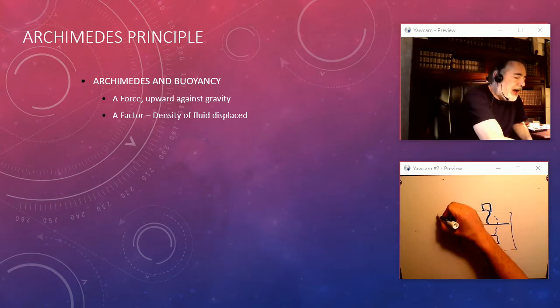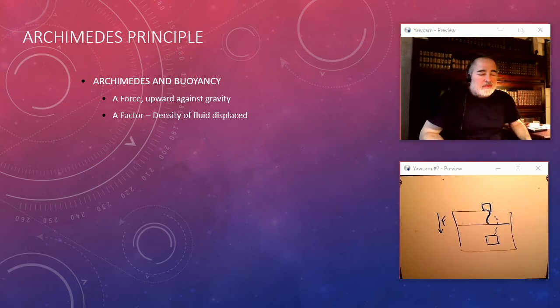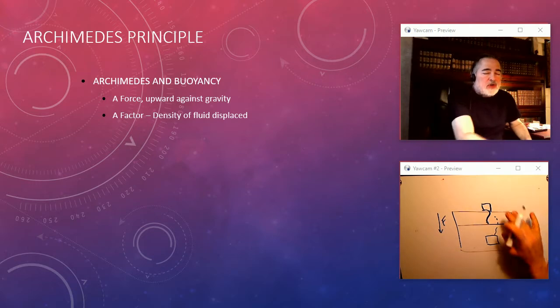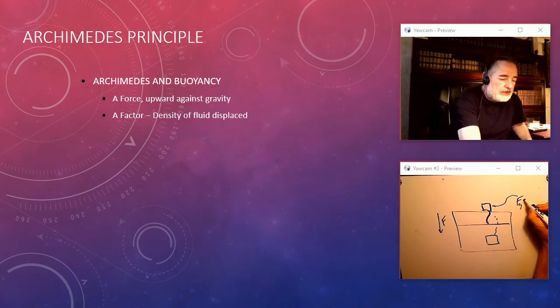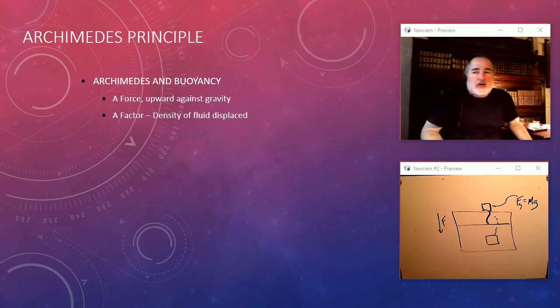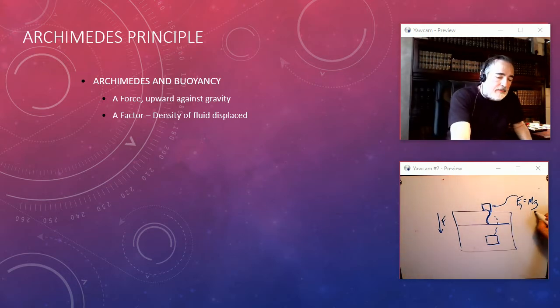I have to apply a force. Now, it also has a force of its own, right? Based on gravity. The force gravitationally is its mass times the g constant, the constant for acceleration on this planet, 9.8 meters per second.